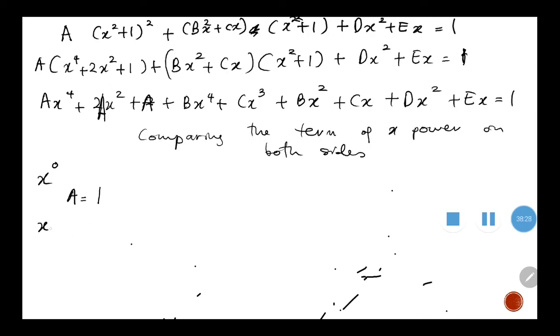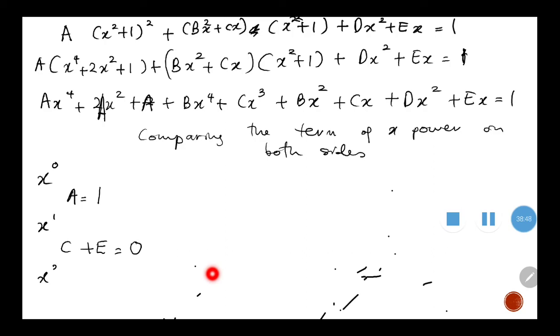So now we're looking at x to the power of 1. So we have c and e, right? Do we have anything with a constant x here? No, we don't. So equal to 0.